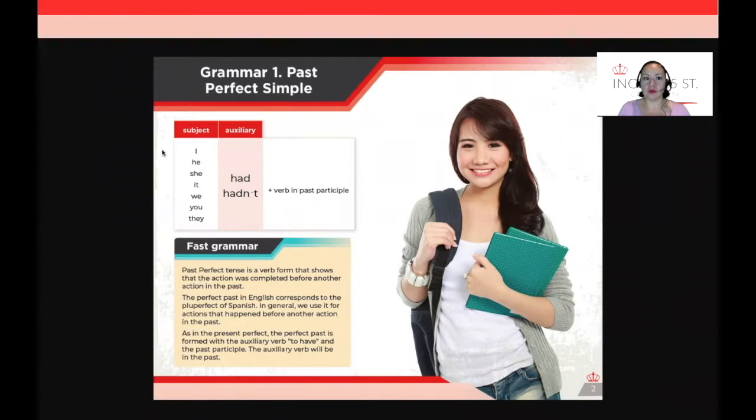We write the subject, which is the personal pronouns or the name or whatever noun, and we are going to use had, plus the verb in past participle, and then the rest of the sentence. For negative sentences, we are going to use any of these subjects and had not or hadn't, and the verb in past participle.